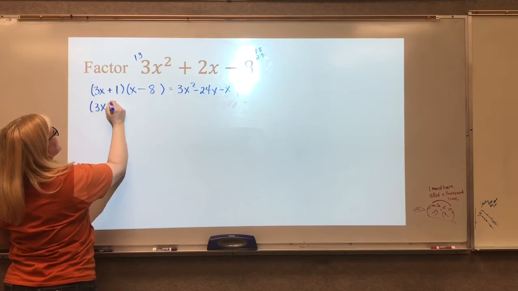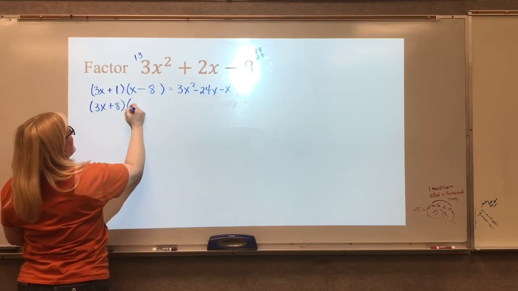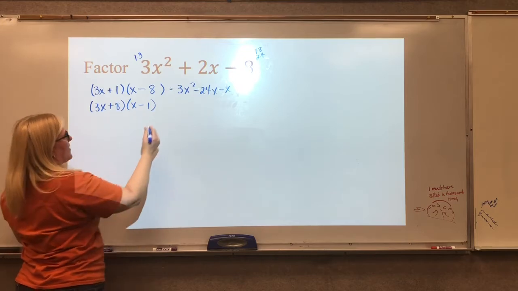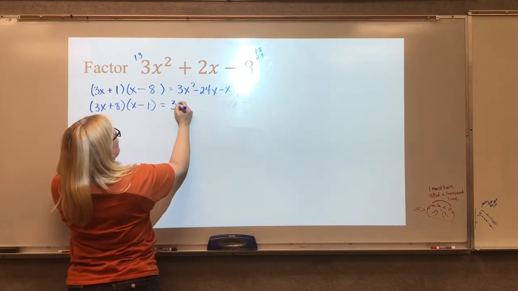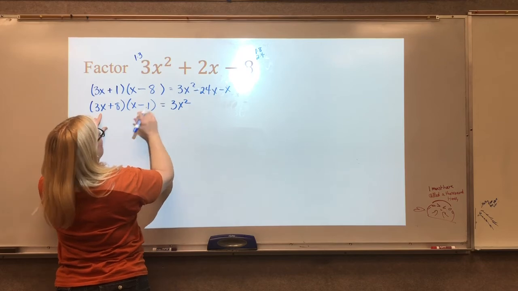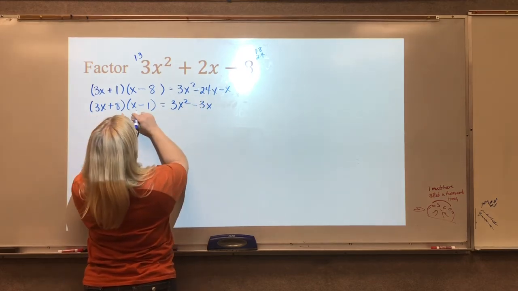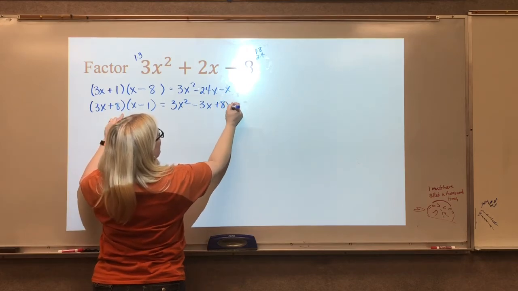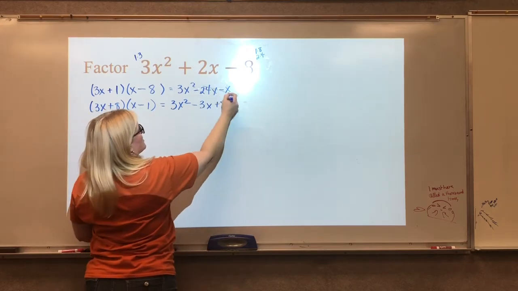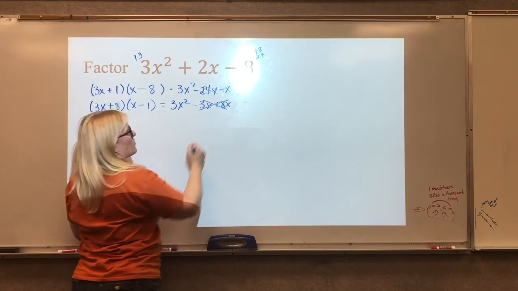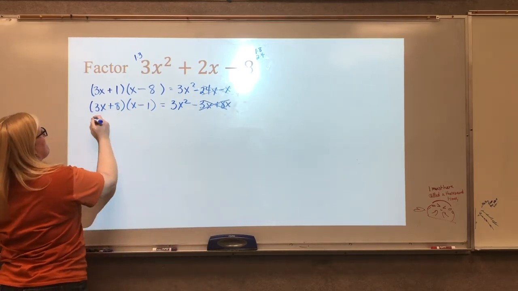Let's do 3x plus 8 times x minus 1. We'll just flip the 1 and the 8 around. Then we've got 3x squared minus 3x plus 8x. Again, I can stop. That one didn't work. This is going to be 5x, so that's not going to work.